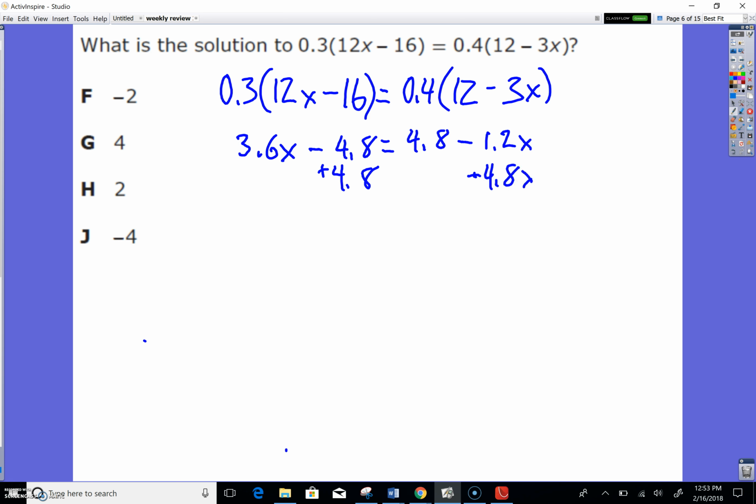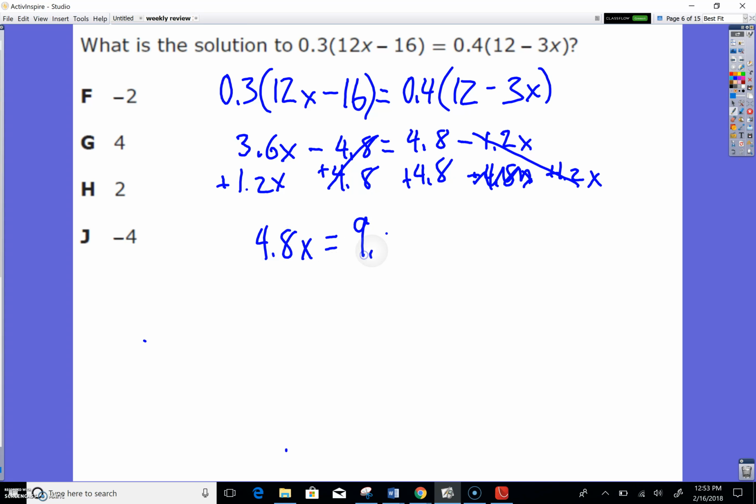You add 4.8 to both sides, and you add 1.2x to both sides. So this cancels out, this cancels out. So you get 4.8x is equal to 9.6. You divide by 4.8. So x is equal to 2.